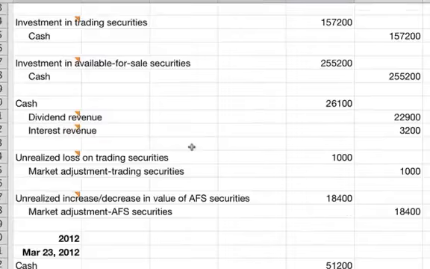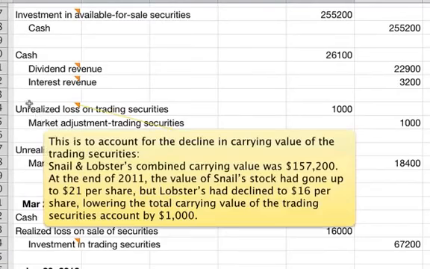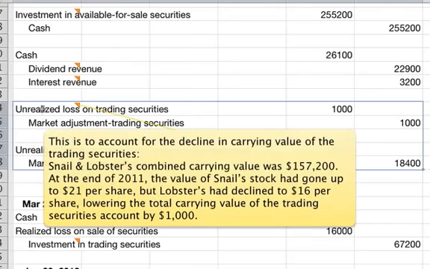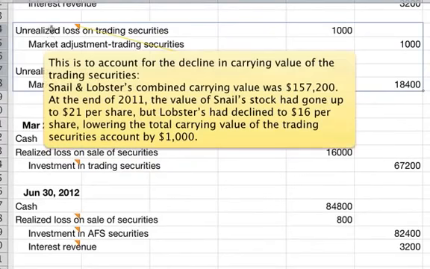Now at the end of 2011, we need to make these entries for the fair values of these securities. And that's what these are right here. These four are these two entries. Now first, for trading securities, we have an unrealized loss of 1,000. The way that looks is this. This is to account for the decline in the carrying value of the trading securities. Snail and Lobster's combined carrying value was $157,200.